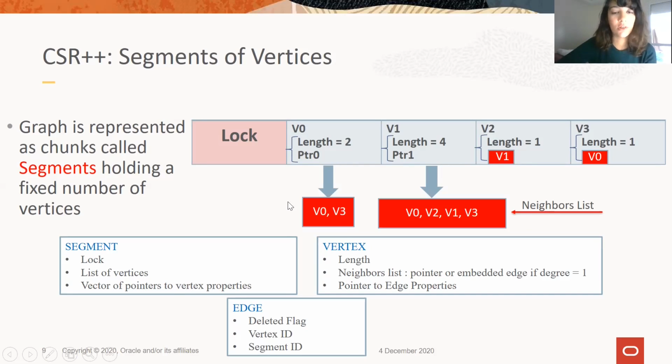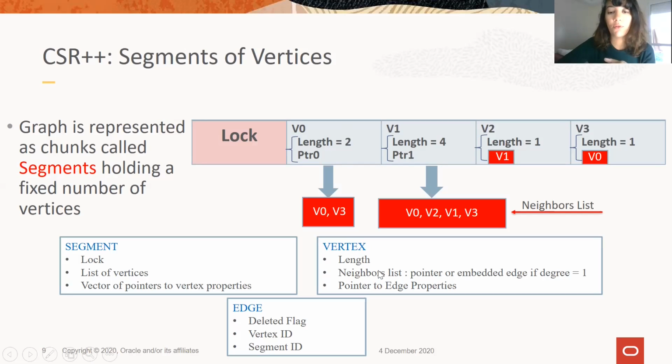We're going to talk about vertex properties later, but here we're talking about topology, meaning the vertex and the edge structures. Each vertex here holds 3 data. We have the length, which stands for the degree of the vertex, the number of neighbors, and then a pointer to the neighbors list.